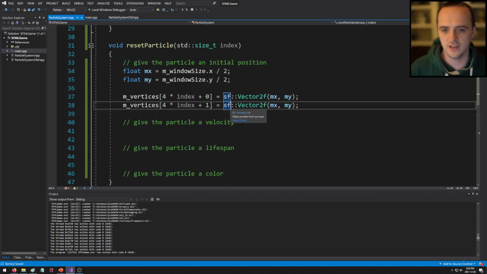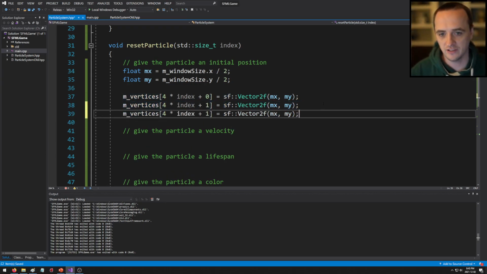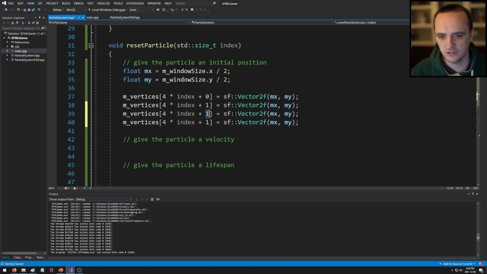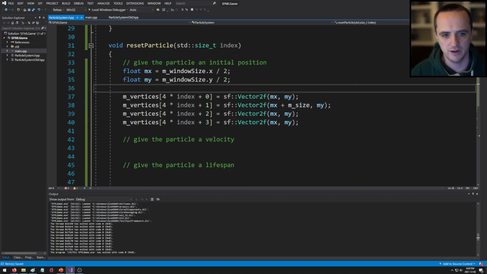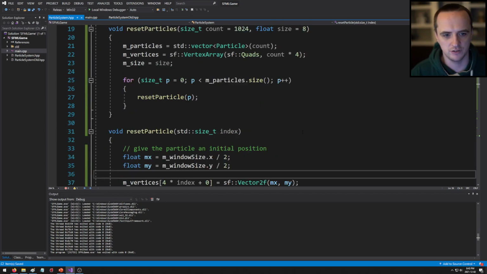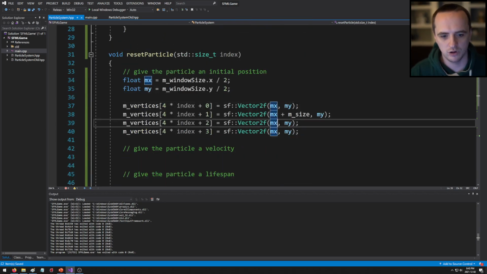That's what we're going to do now. We're going to take these and say exactly what we just did. So this is vertex 2 and vertex 3, and here vertex 1 was mx plus m size. Was that the variable name? Yes, it certainly was. Next, we're going to have mx plus m size, and then my plus m size.